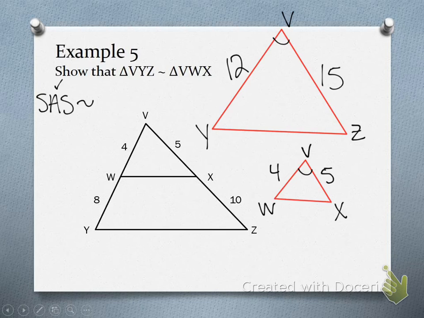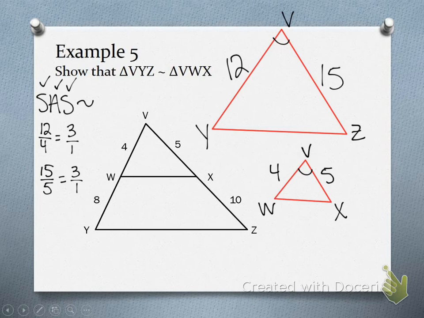So I would compare the 12 to what side from my other triangle? 4. That simplifies to be 3 over 1. I would compare the 15 to 5. That simplifies to be 3 over 1. Are my sides proportional? They are.